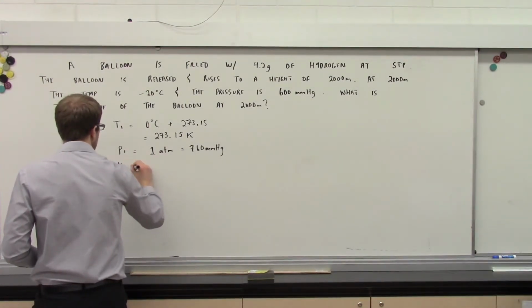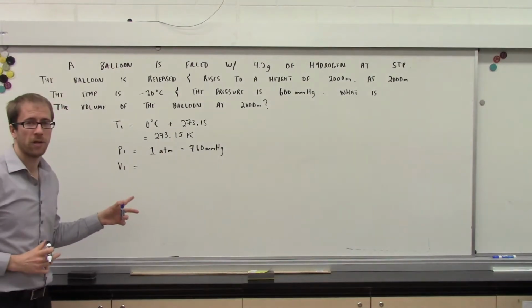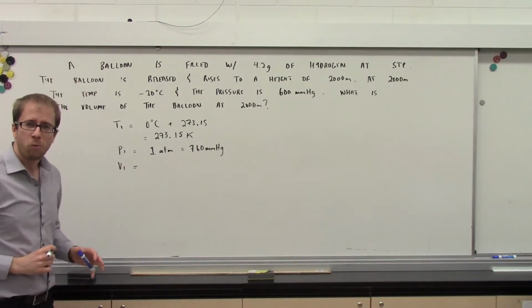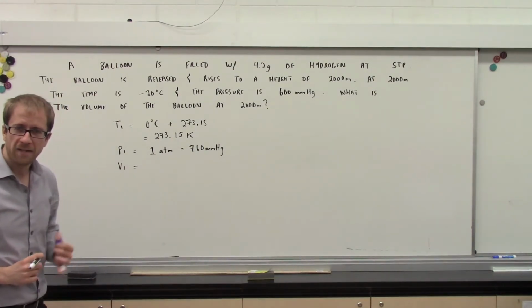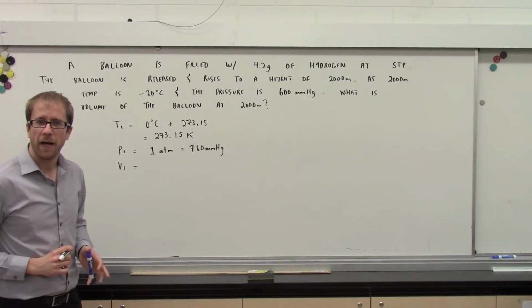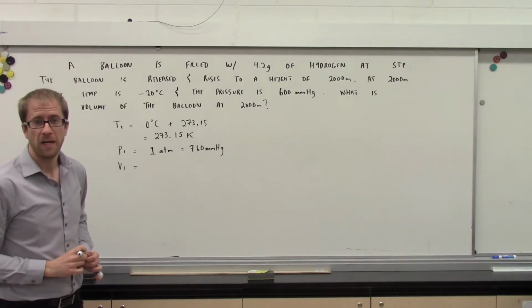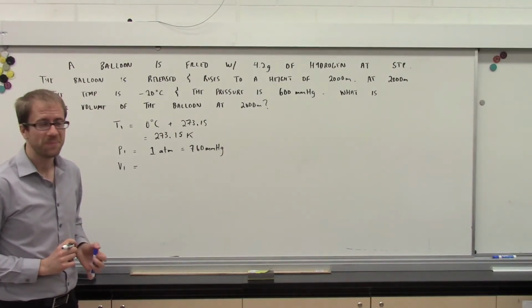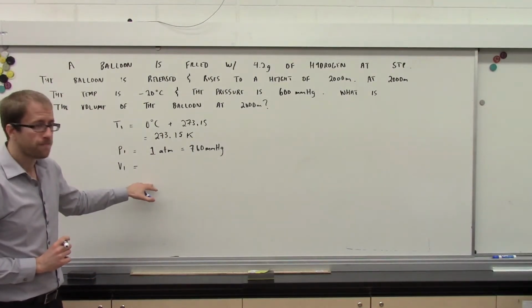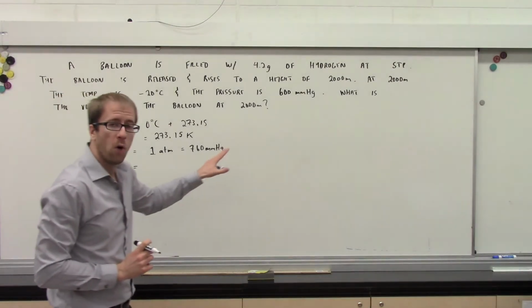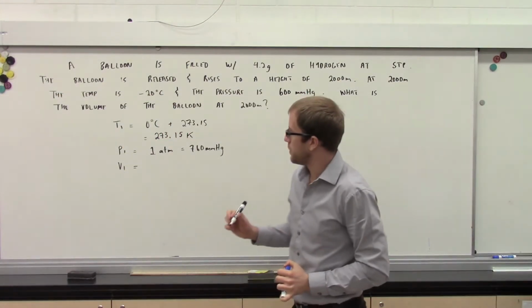And then lastly, what is our volume? Well, we're going to have to do a little bit of math for that one. Luckily, we've already done it, right? Think back to the example problem I just showed you. I already solved what the liters of gas would be at STP. But we'll leave that blank for now. So, what are our final conditions?